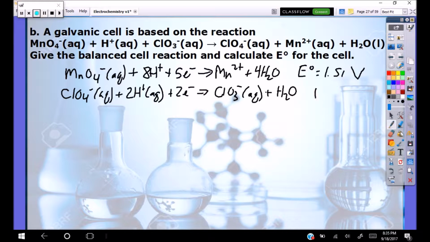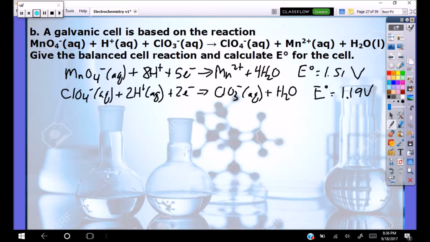And my cell potential here is 1.19 volts. Okay. So we need to identify the difference between the reduction and the oxidation.